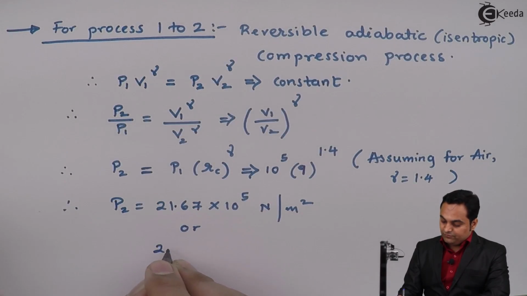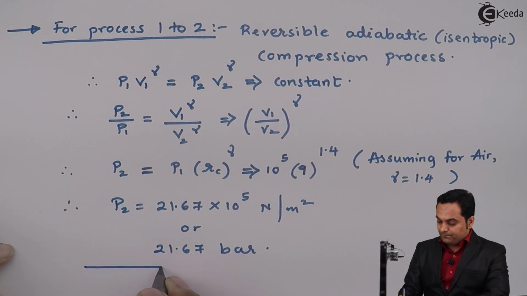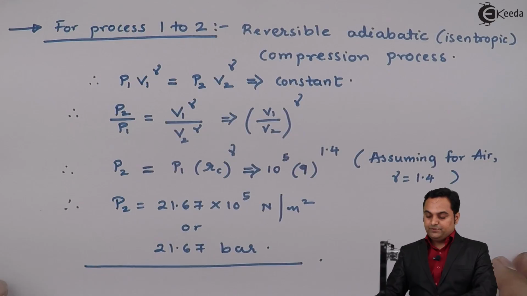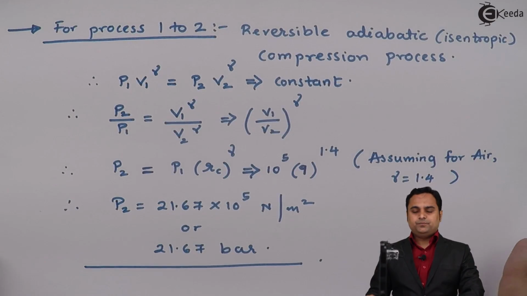Dividing this by 10 raised to 5, that will give me 21.67 bar. So here is the pressure at point 2. Next, I'll calculate the temperature at point 2.